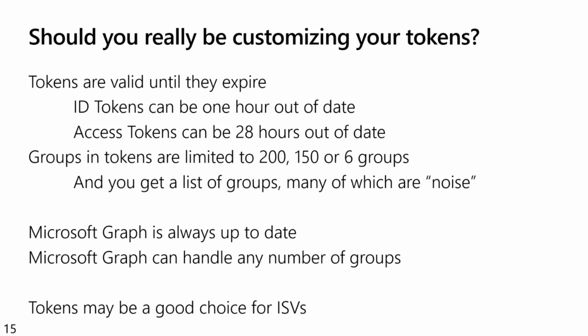And if I'm actually looking for information in an access token, then that could be out of date for up to 28 hours. Because at some point in time, we don't have this today, but at some point in time, we're going to find a way to enable your own custom APIs to be protected by continuous access evaluation.